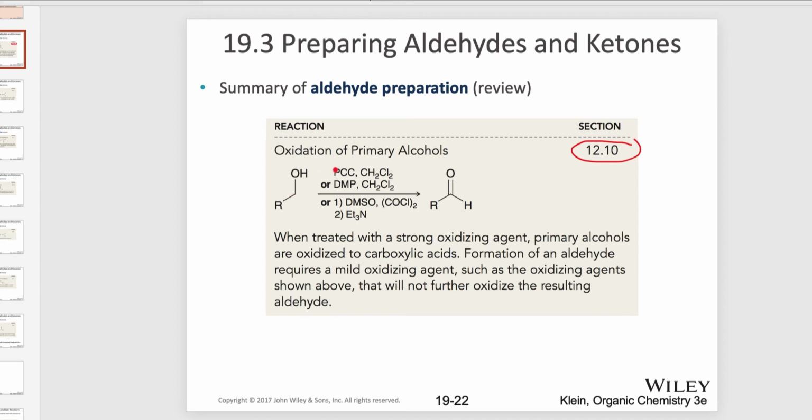There are different conditions, PCC in methylene chloride or DMP in methylene chloride. Also, you can use DMSO, COCl2, and then a second step with triethylamine. So these are strong oxidizing reagents, and you are asked to remember some of these conditions.